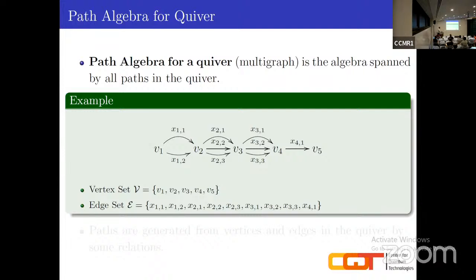First it contains a vertex set, V1 up to V5. For each edge, we represent it by X with two indices. The first index indicates which interval this edge is at, and the second index indicates the order of this edge in the corresponding interval.